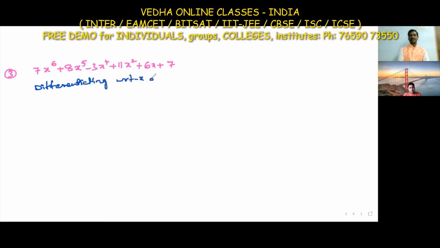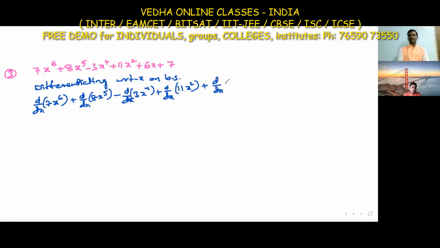If we differentiate with respect to x on both sides, d by dx of 7x^6 plus d by dx of 8x^5 minus d by dx of 3x^4 plus d by dx of 11x^2 plus d by dx of 6x plus d by dx of 7.